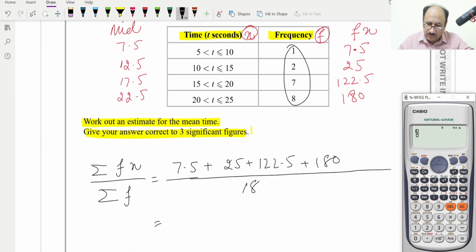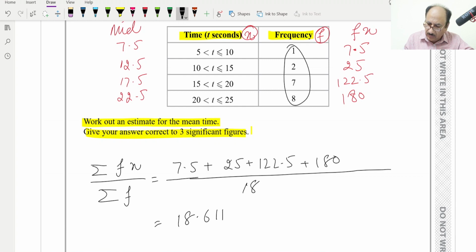So the fraction 7.5 plus 25 plus 122.5 plus 180, divided by 18, will be equal to 18.611.